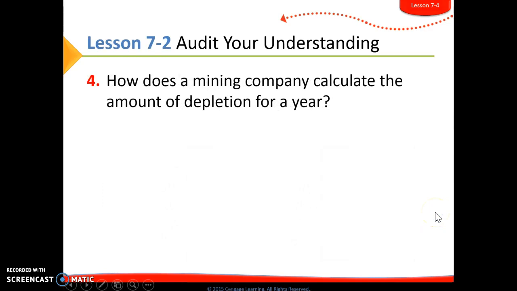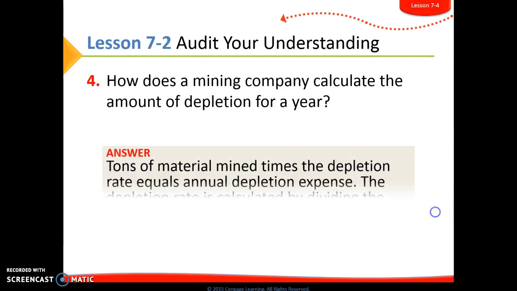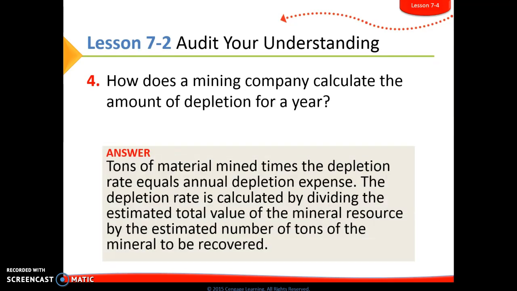And last question, number 4, how does a mining company calculate the amount of depletion for a year? They're going to take tons of material mined times the depletion rate, and that's going to equal the annual depletion expense. The depletion rate is calculated by dividing the estimated total value of the mineral resource by the estimated number of tons of that mineral that will be recovered.